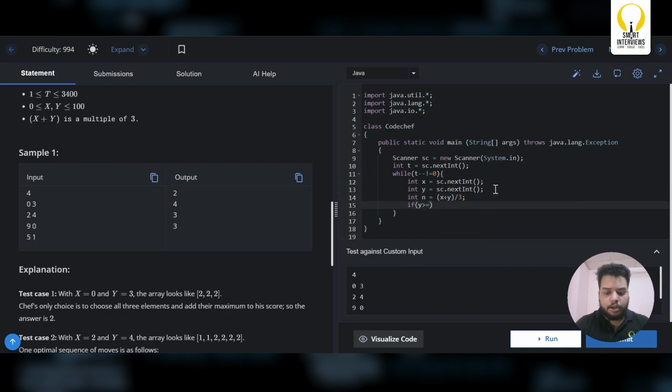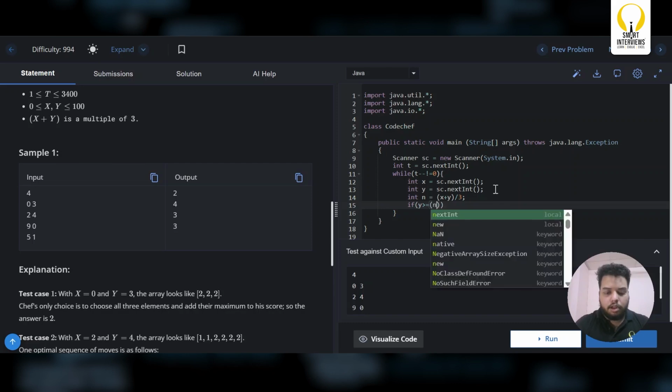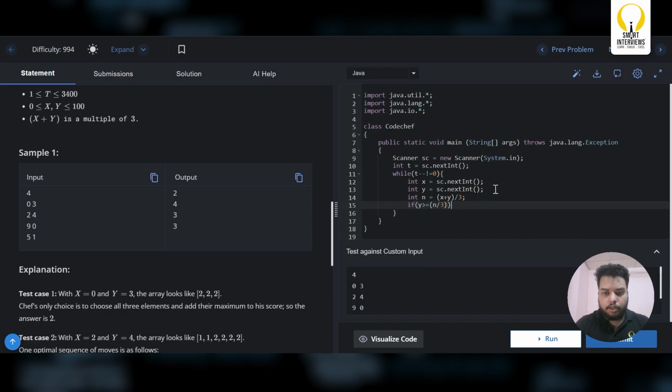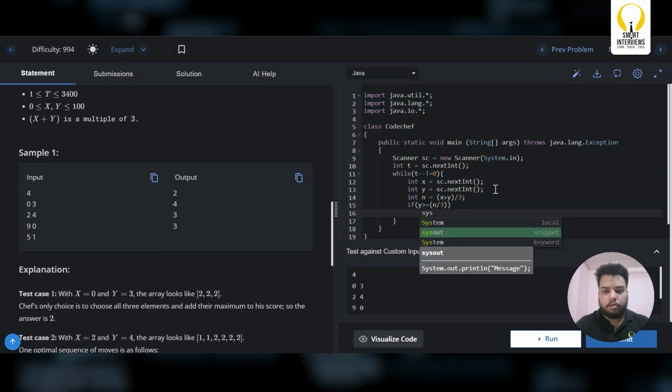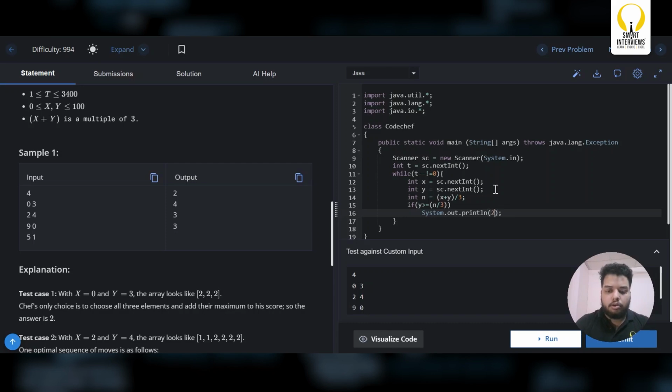So if it is greater than or equal to n by 3, then my obvious answer is going to be 2 into n by 3.